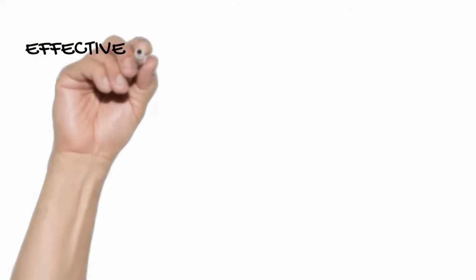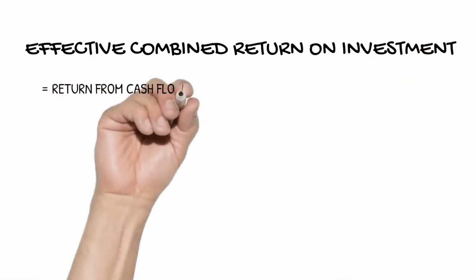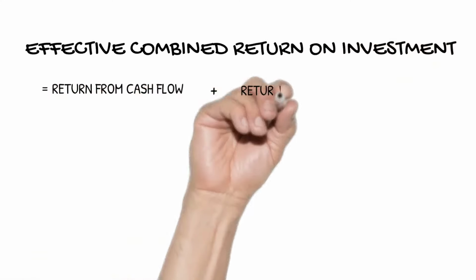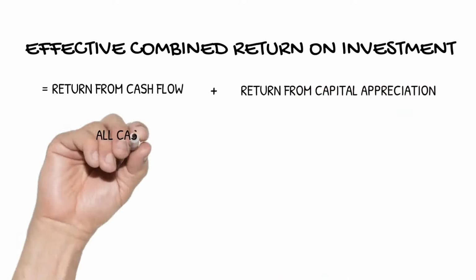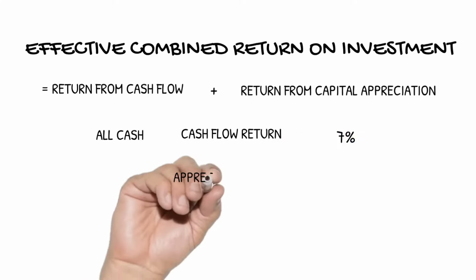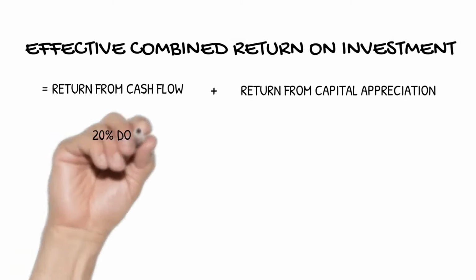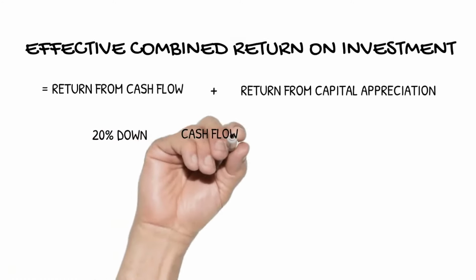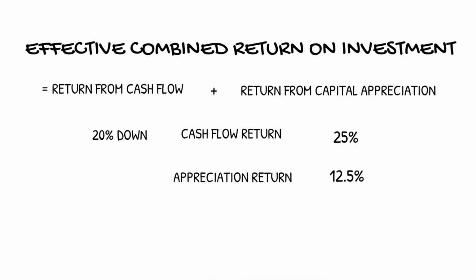Now, let's take a look at the cumulative effect. You're investing money and you're going to get a profit based on cash flow and based on capital appreciation. With an all cash purchase, you're going to get 7% and 2.5%. You're going to get 9.5%. That's not bad, but we can do a lot better. With 20% down, you're going to get 25%, as we've seen, plus 12.5% capital appreciation.